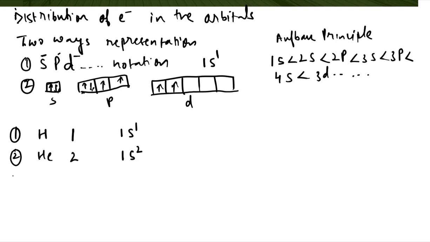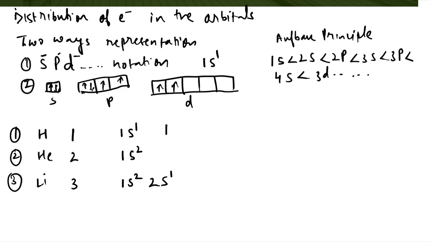Then the third one is lithium. The maximum number of electrons which can occupy a single orbital is 2 according to the Pauli exclusion principle. The number of electrons available for lithium is 3. So 1s2 is already filled, and the next available orbital is 2s. But only 1 electron is available, so that is why we are going to write it like this.